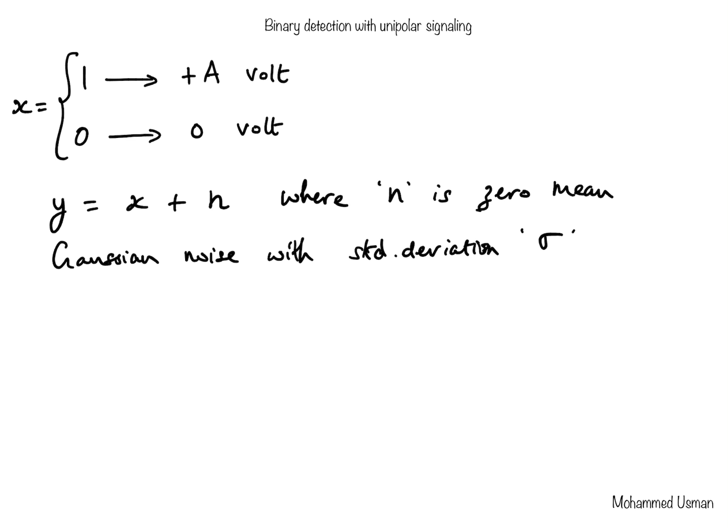So 0 mean, that is mu equal to 0. So that means the Gaussian PDF is centered on 0.